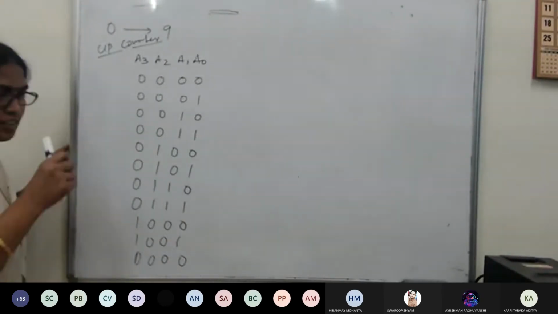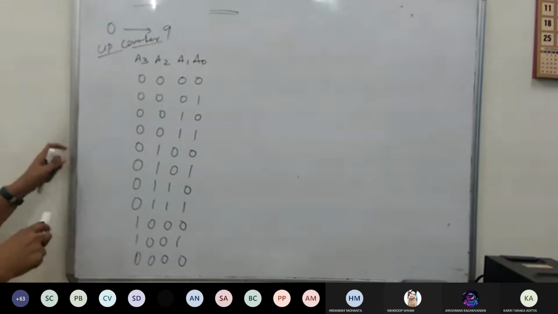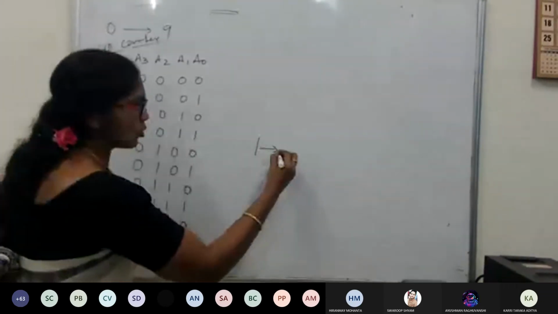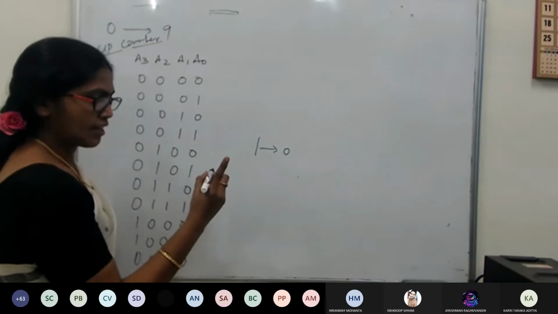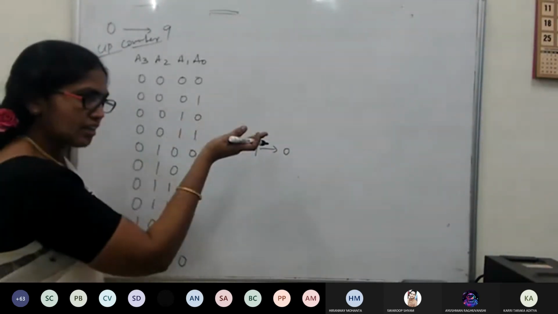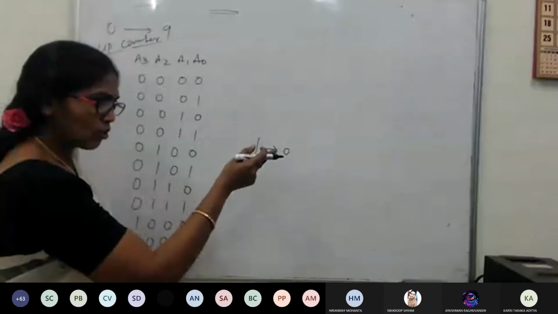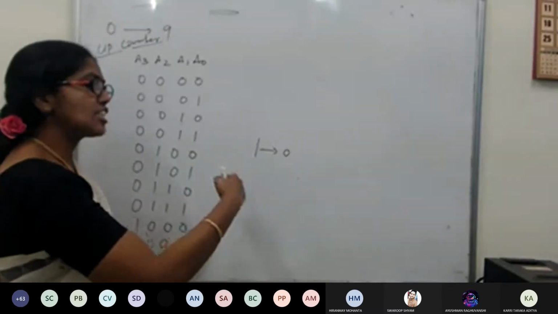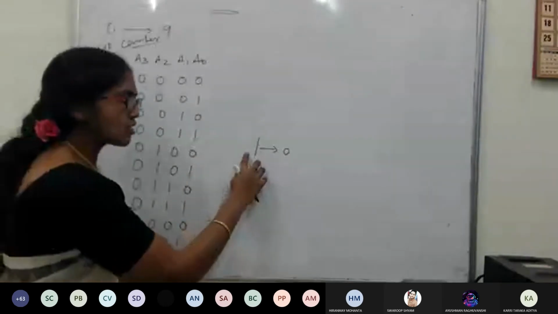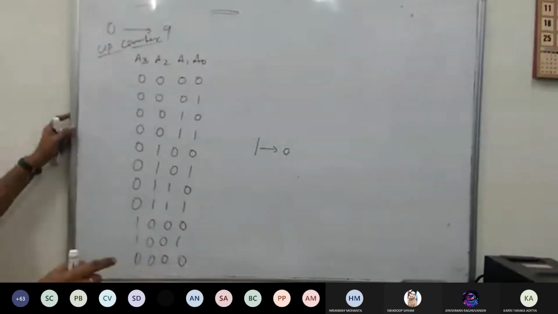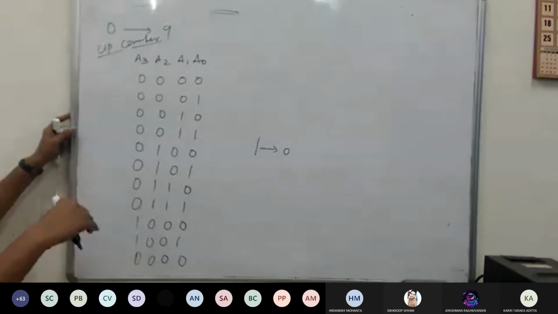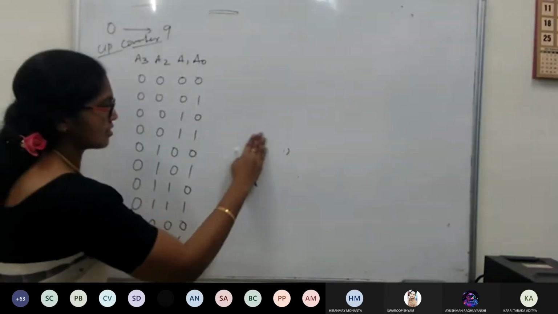If you observe carefully, if a change is there from 1 to 0 in the previous state, then only a change is happening in the next bit. Please try to understand this statement. If there is a change from 1 to 0, then only a change is probably entering into the next one. I'll explain what this is.